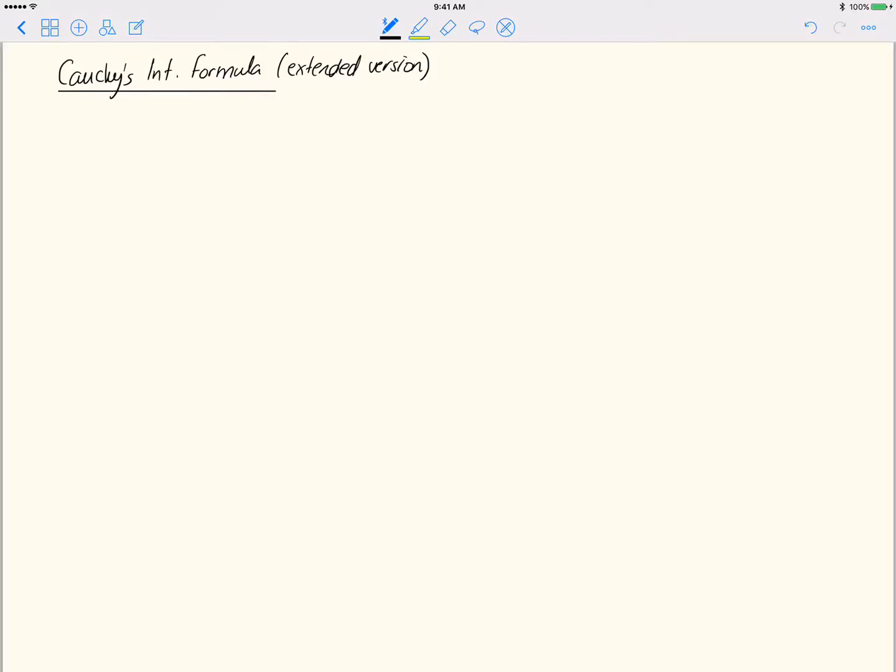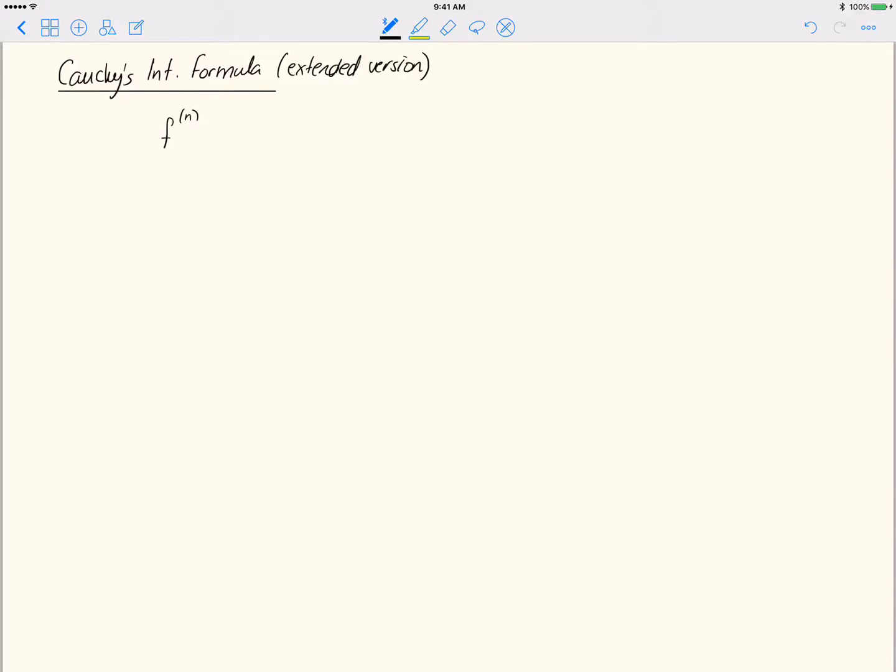What it says is that if you have the same conditions satisfied as for the regular Cauchy's integral formula, so what I mean by that is you have some closed contour C, and you have a function f which is analytic within C and on the boundary of C. And of course, as you'll see momentarily, you'll need f to be repeatedly differentiable. So let's say it's n times differentiable, then you have the following formula.